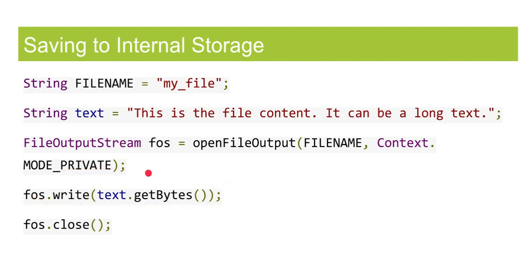You just get a reference to the file output stream, then write bytes of your data to that stream and then close it. Here we are converting the text we have written into bytes because the write method will only take bytes and not plain text.